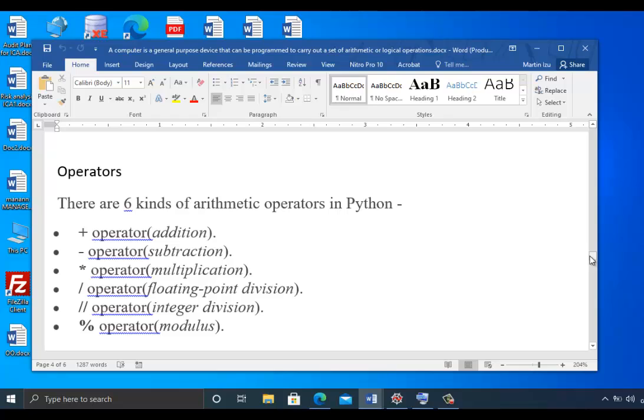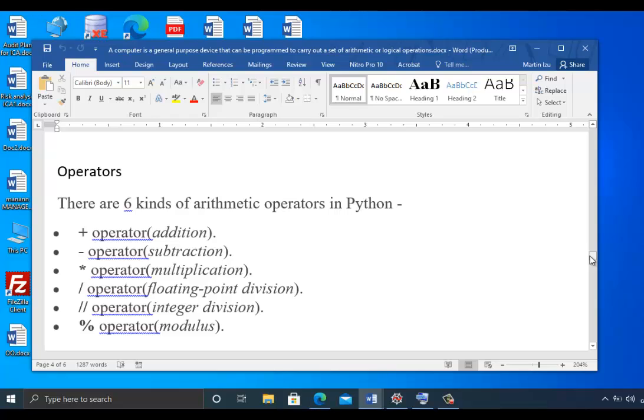Now, the addition operator is to add 2 values together or to add 2 strings together, while the subtraction operator is to find the difference between 2 values or 2 operands, as the case may be.